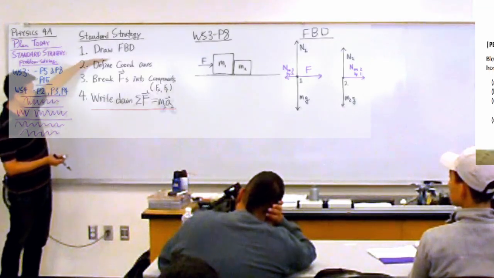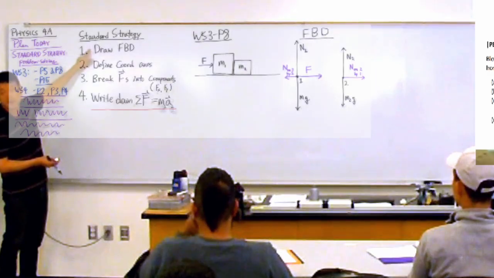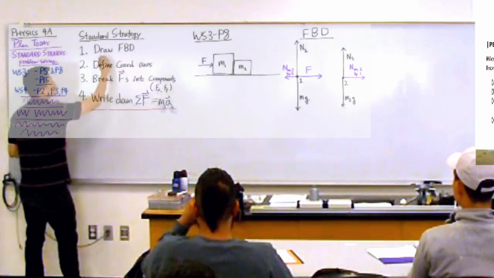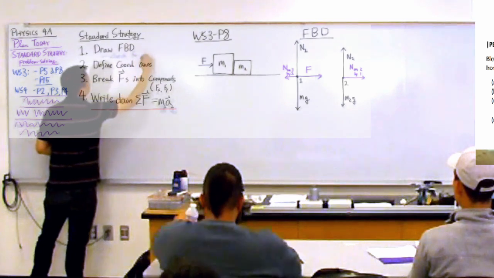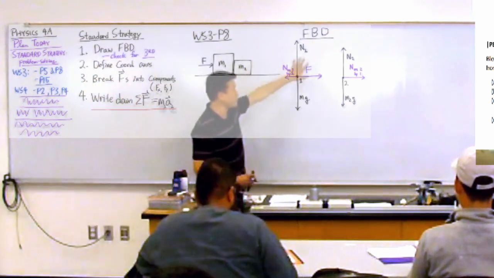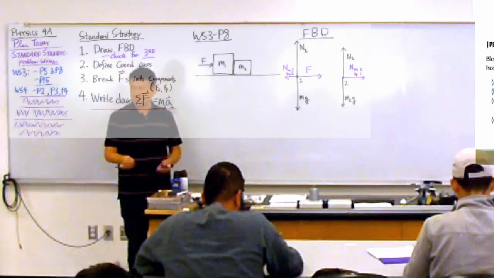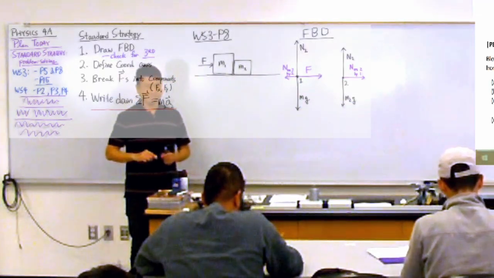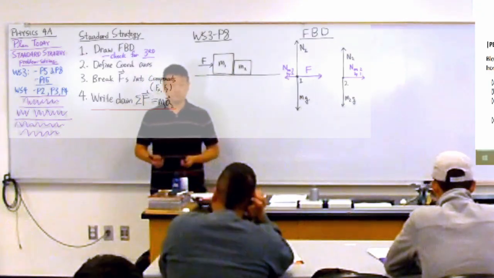It doesn't come in any of the other steps. It comes in the most important step, as you're identifying all the forces. You should make sure the whole series of forces you have drawn is consistent with Newton's third law. What does that mean?